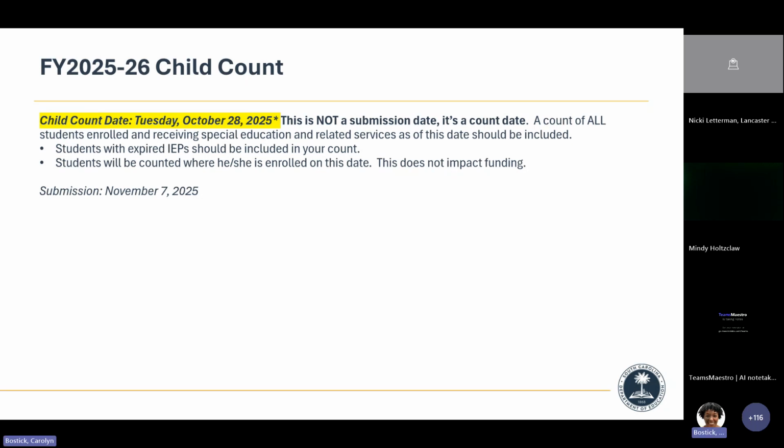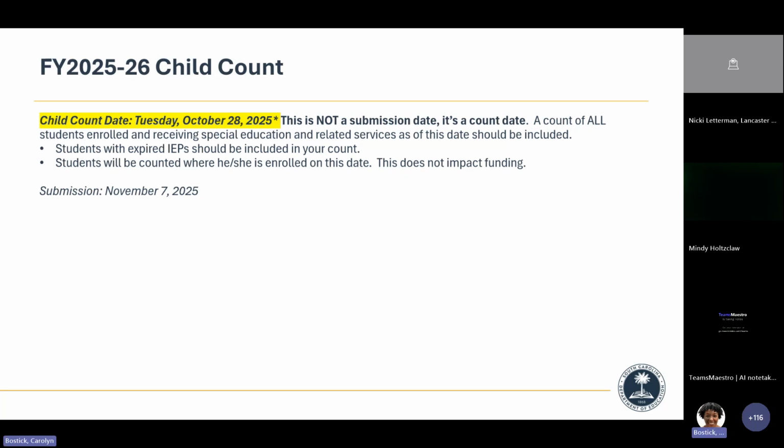Just a little different this year. For the child count date, I had this conversation with Michelle, and she has assured me that your child count report does not impact your funding. So we're going to count the students where they are enrolled on that day, unless we have a duplicate, a child coming through on the report and it's showing that the student is enrolled in both districts on October 28th.